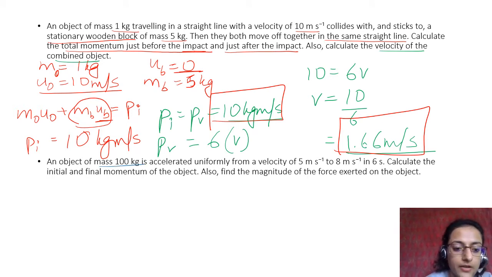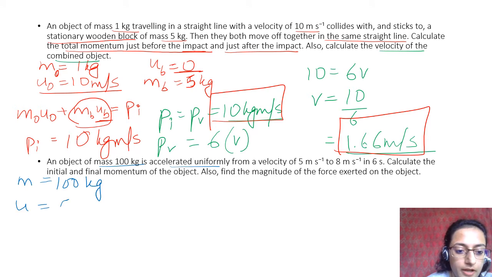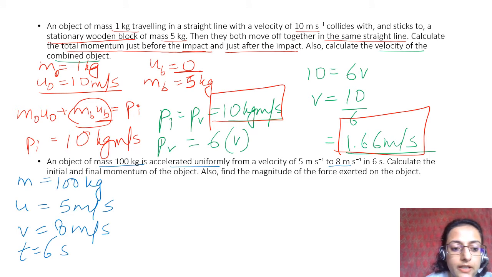So we come to the next question. An object of mass 100 kg is accelerated uniformly from a velocity of 5 meter per second, so u is equal to 5 meter per second, to 8 meter per second, so v is equal to 8 meter per second, in time is equal to 6 seconds. Calculate the initial and final momentum of the object. So initial momentum of the object is mu, and mv is the final momentum.